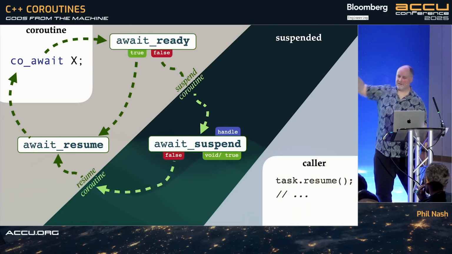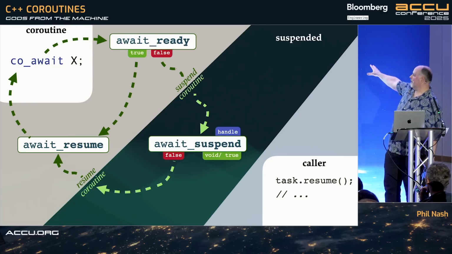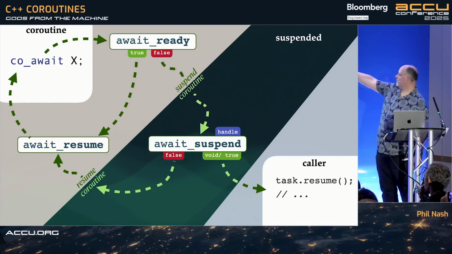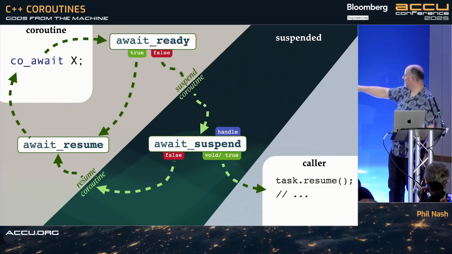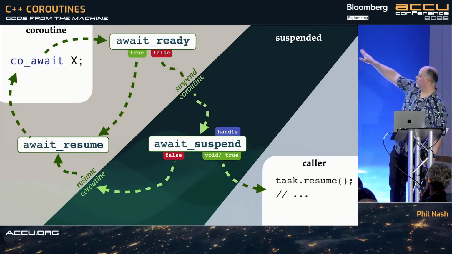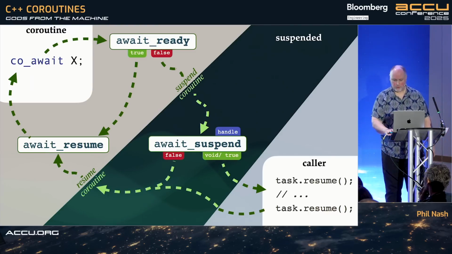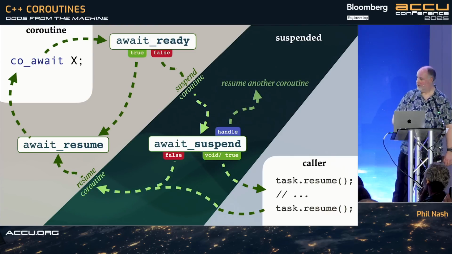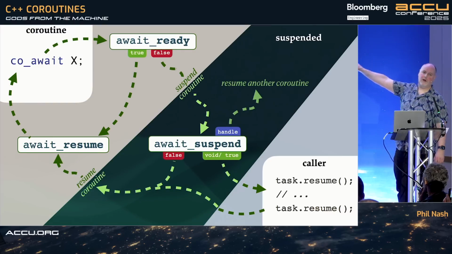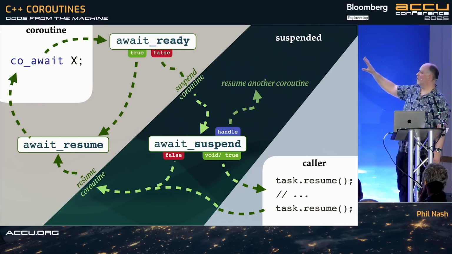But if you return false, then it still doesn't go back to the caller, it resumes again. If you return true or void, then it actually returns back to the caller. And we won't talk about the other one with the handle, but you can resume another coroutine, which is also known as symmetric transfer.